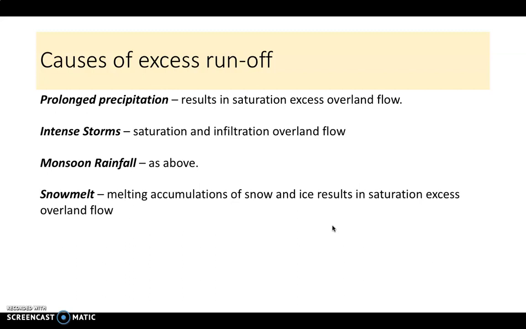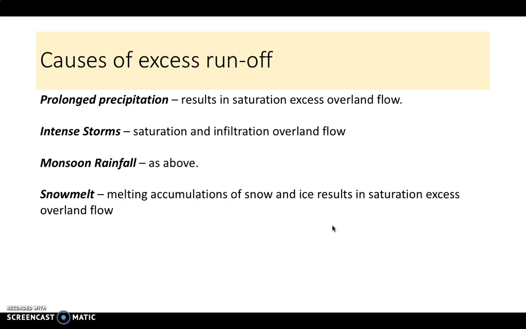The next one is snowmelt. Well, we don't get a lot of snow in the UK. This tends to happen in areas where you get large accumulations of snow. So it could be in mountainous regions, the edge of the Alps, wherever it might be. And here you have large amounts of snow which might have fallen over the entire winter.